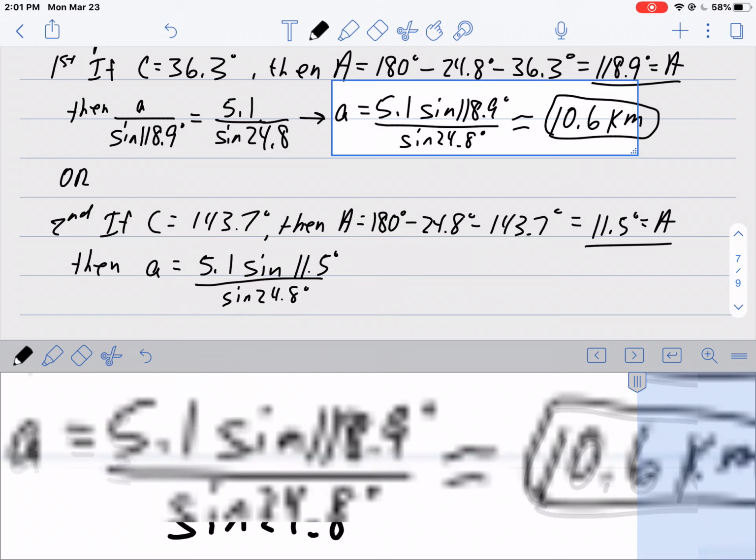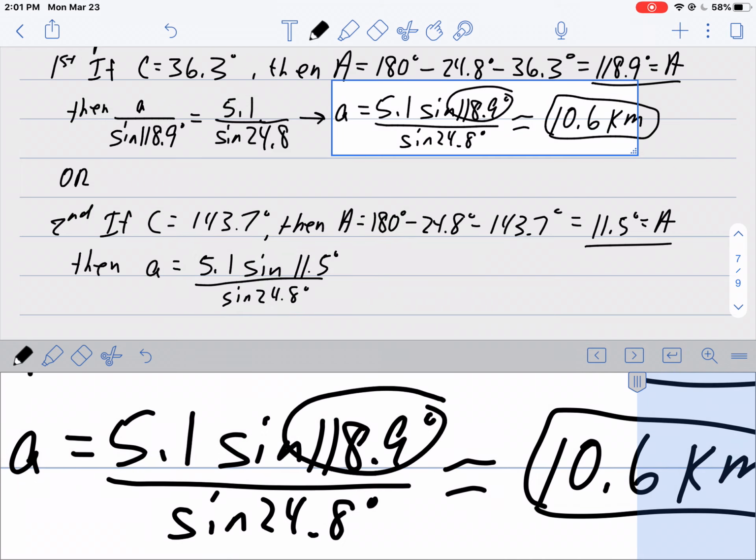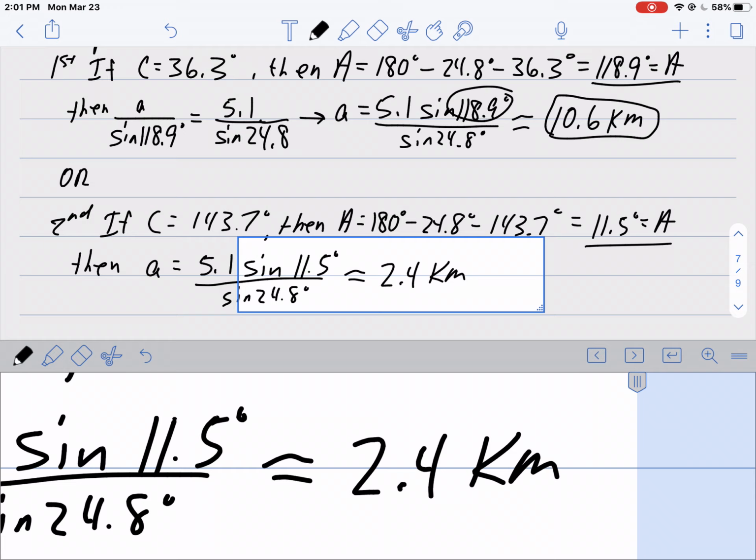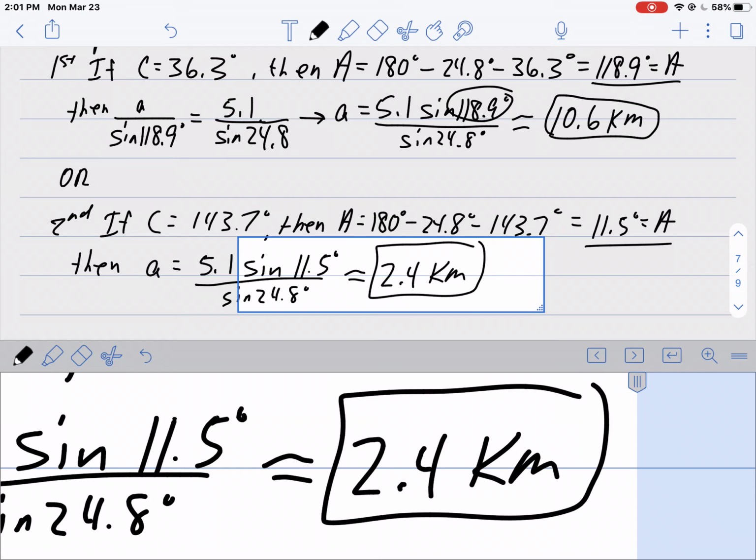Right. So all I did was just change my angle here with the new angle A. And that would give us a distance of approximately 2.4 kilometers.